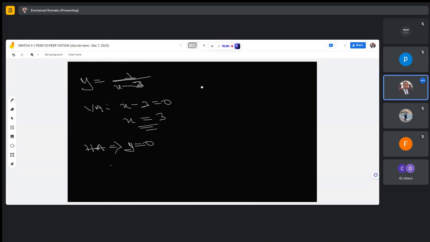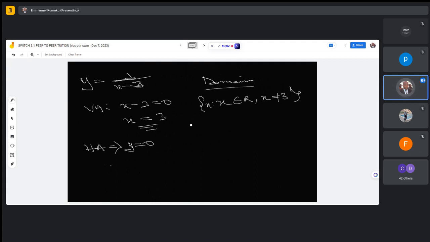The domain is all values of x except the vertical asymptote. So it can be written as x such that x is an element of R, but x never equal to what? 3. That is our domain.